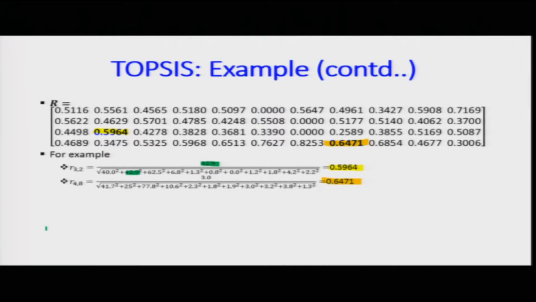When I go to 4, 8, again I will consider the 8th column and the 4th row. Row means the 4th alternative. The values given are 41.7, and I am not mentioning the square values, 25, 78, 7.8, 10.6, 2.3, 1.8, 1.9, 3, 3.2, 3.8, 1.3. These are the values coming from each and every criterion for each and every alternative, 11 criteria and 4 alternatives.